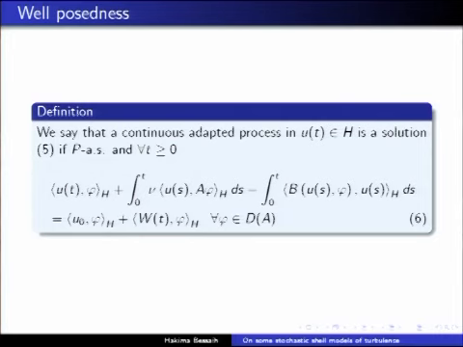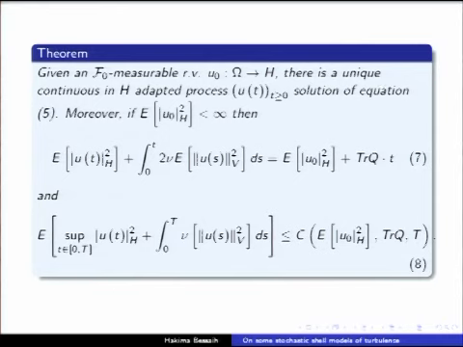for any given Brownian motion, we can find a weak solution in the following sense, such that this process is continuous, adapted with values in H. So we can prove this, there is no problem. For a given initial condition, we can prove the existence and uniqueness of this process.